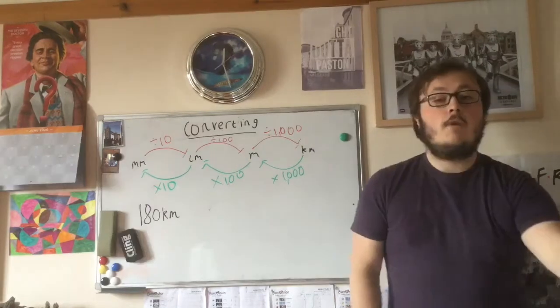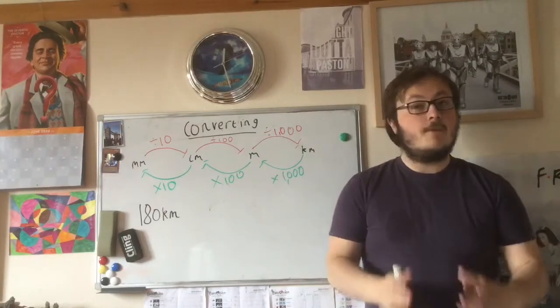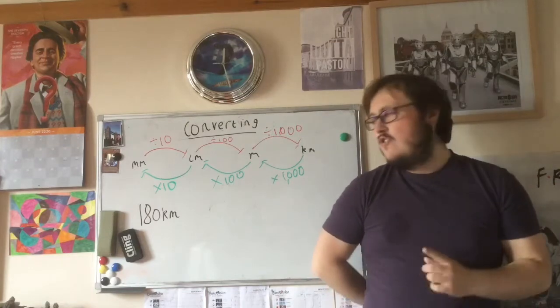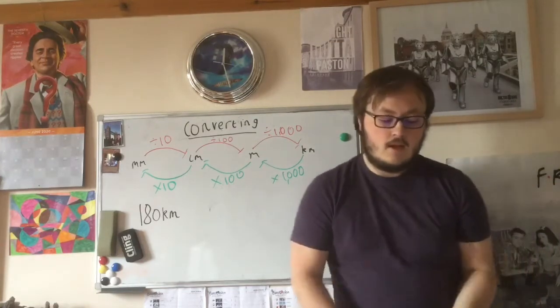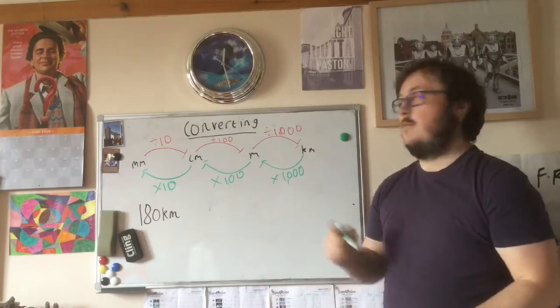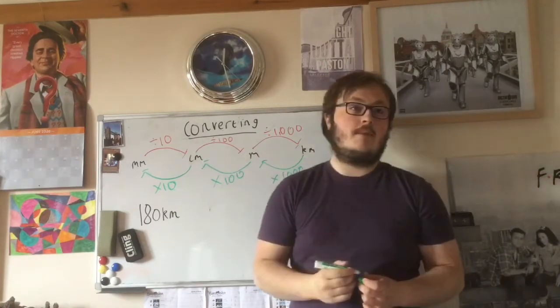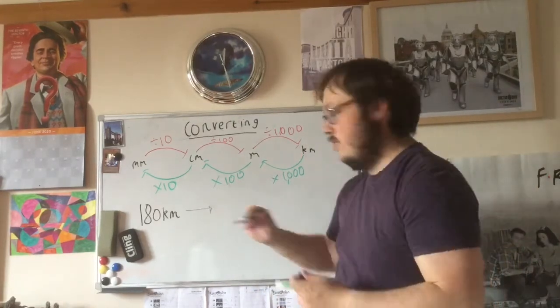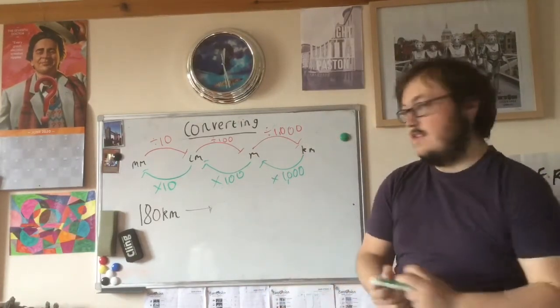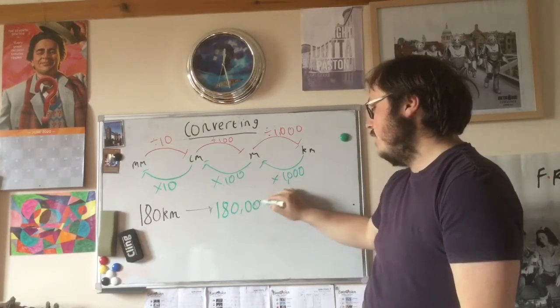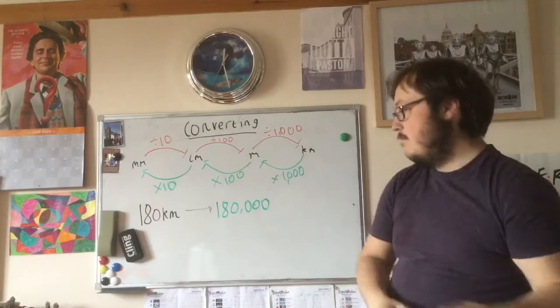Now, I currently live just outside of London, but for a few years I lived in a city called Norwich, which is about 180 kilometres away. Now, let's convert this 180 into millimetres. So we're going to do it from kilometres to metres to centimetres to millimetres, step by step. So for the first one, we have to multiply that 180 by 1,000, and that will get us 180,000 metres.